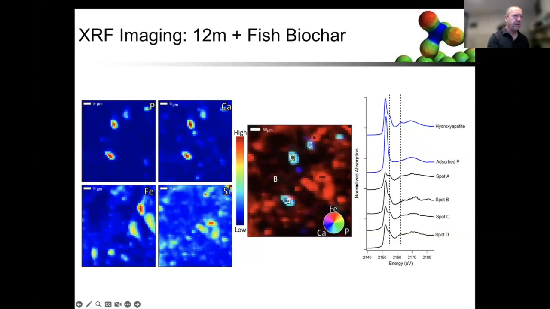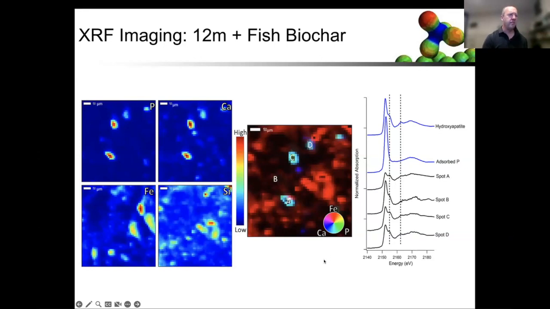But what I wanted to highlight here is that when your samples are very concentrated in a microprobe, then the level of distortion from self-absorption and the changes in the spectra, the artifacts that you get, can be very large. And so, if you were taking a sample and trying to do linear combination fitting on it from the microprobe, then it's very unlikely that you're going to be able to do that, given how distorted some of these sample spectra are, just because there's so much phosphorus in that one spot.